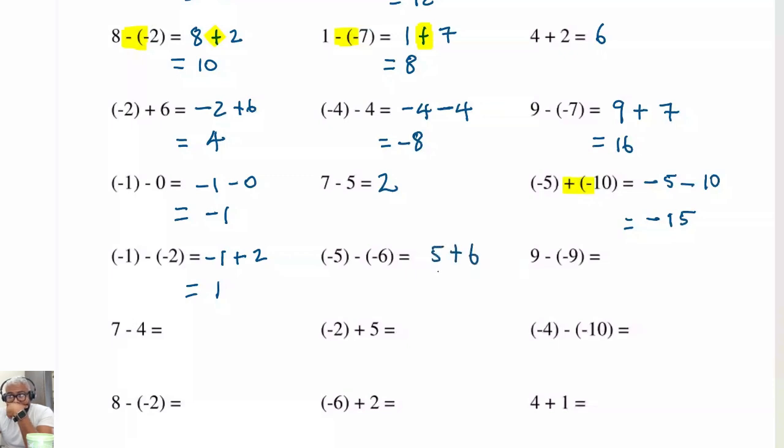You sure? Who agrees with her that this will become 5 plus 6? Somebody tell her what is missing here. The negative sign in front of the 5. Yes. So negative 5 plus 6 would give me what, Zia?